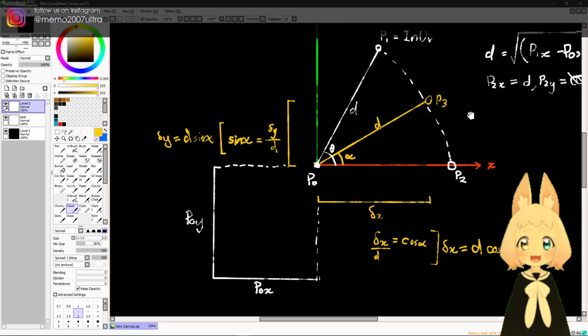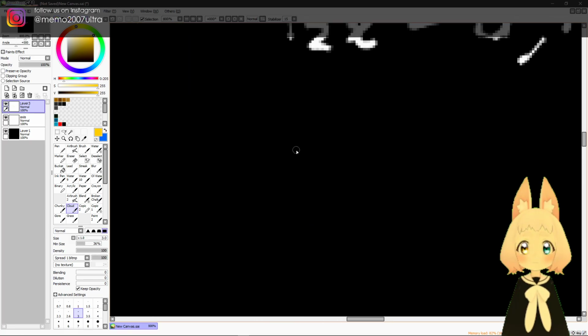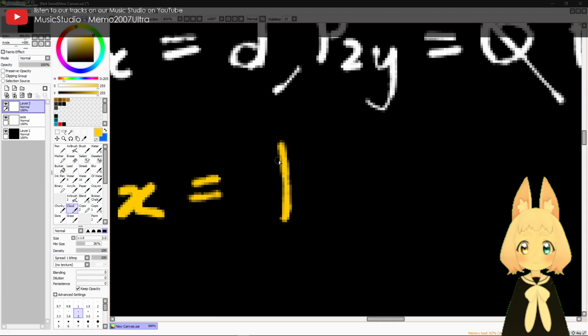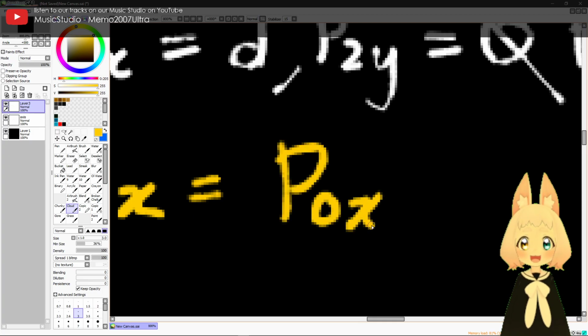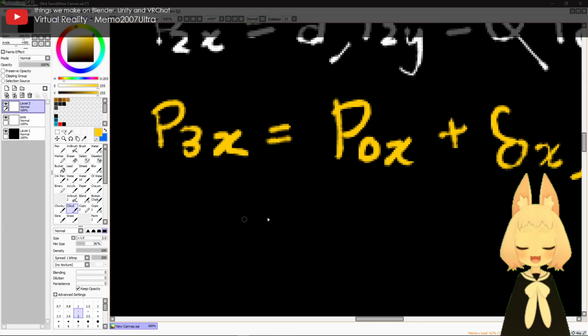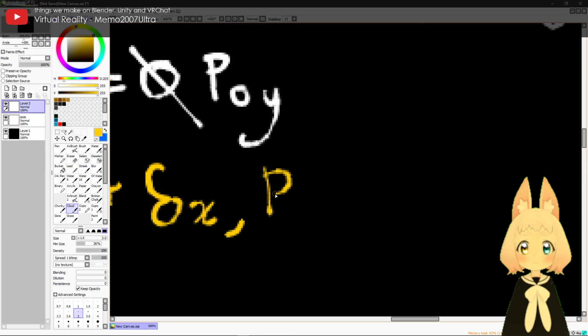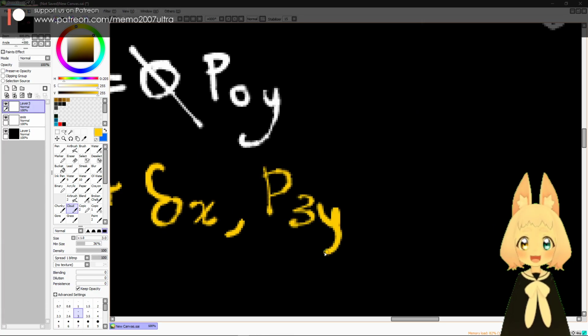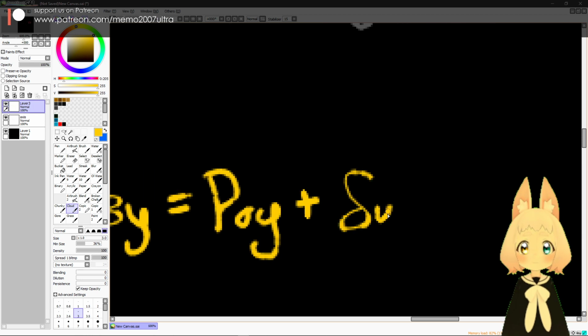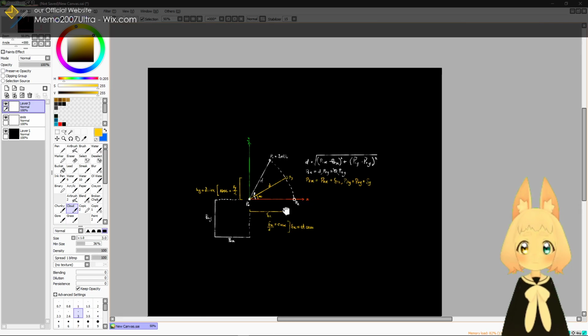And then afterwards, P3 of x is actually P0 of x plus delta x. And also P3 of y is P0 y plus delta y. So we have that.